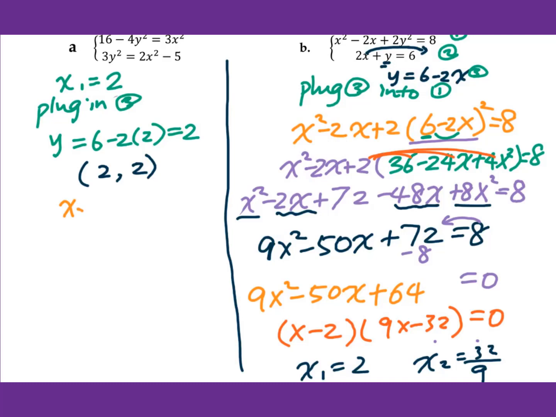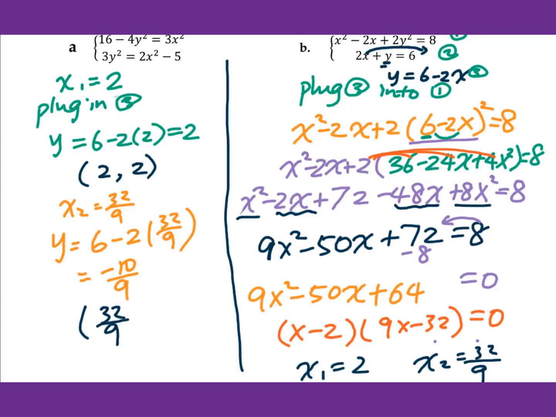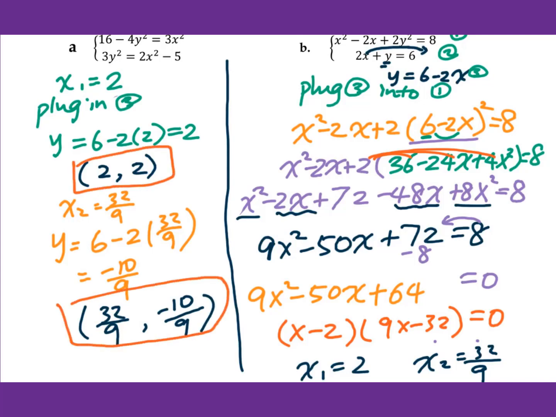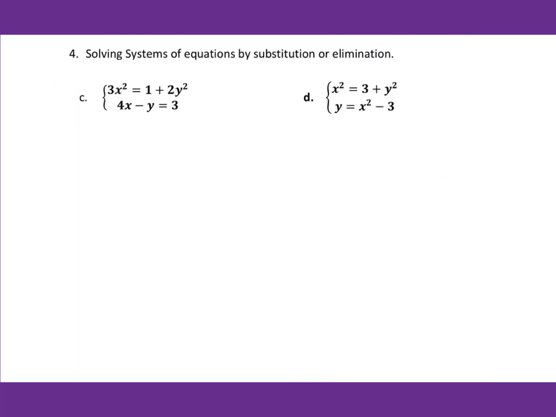Then we plug in x2 equals 32 over 9. y equals 6 minus 2 times 32 over 9. You will get negative 10 over 9. In other words, we have 32 over 9 and negative 10 over 9. So we have two solutions to this system of equations.